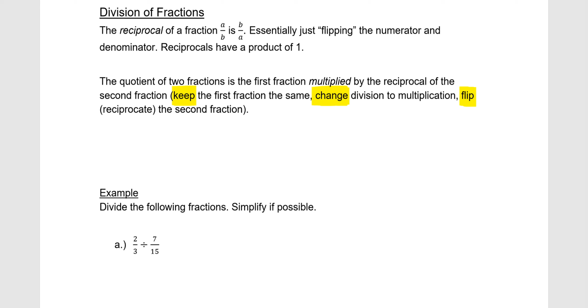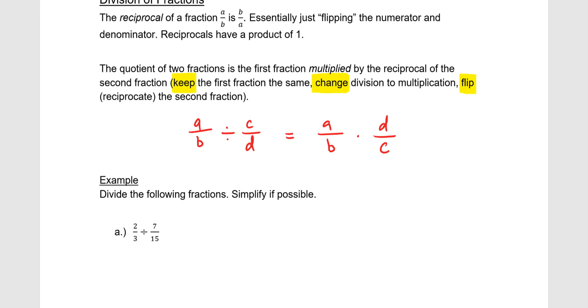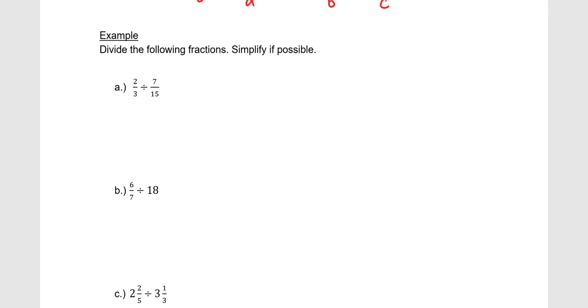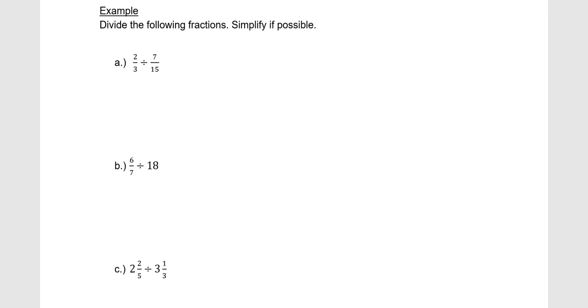So if we're dividing a over b divided by c over d, that's going to be the same thing as a over b times d over c. So we changed division here to multiplication, and then we flipped the second fraction. Let's do a couple examples. So let's divide the following fractions and simplify if we can.